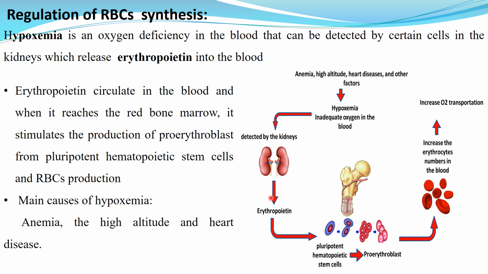So they produce a specific hormone, erythropoietin, and the erythropoietin enters into the circulatory system, and through the circulatory system it can get to where? To the bone marrow.